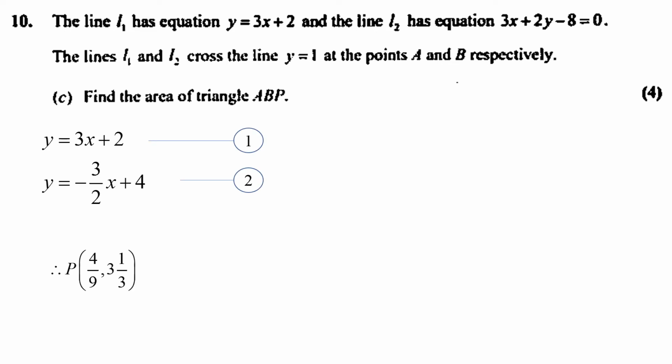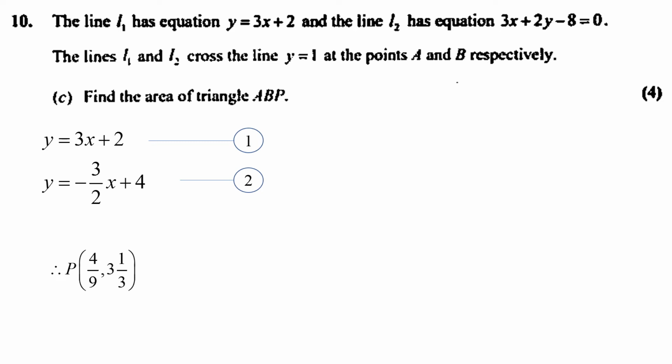So first, let us recall what we have from the previous parts. We have line 1, y equals 3x plus 2, which we used to call equation 1, and the manipulated form of L2, which we call equation 2 in our second method, so y equals negative 3 out of 2 x plus 4.